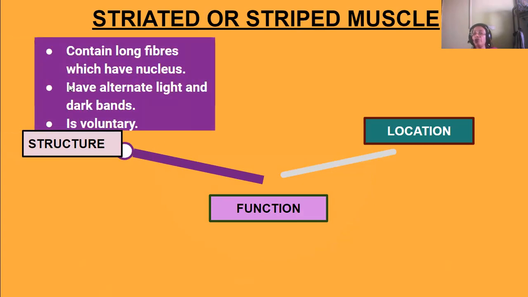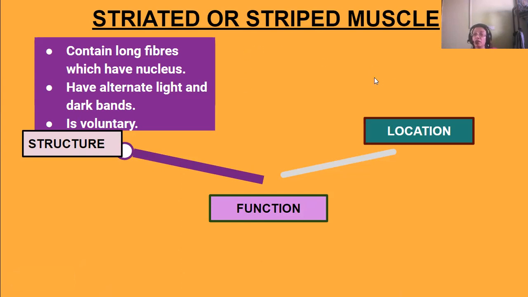They contain long fibers which have nucleus in them, and they have alternate light and dark bands, and that's why they are known as striped or striated muscles. I'm sorry, the striated muscles are voluntary muscles. That is, they are under our control.